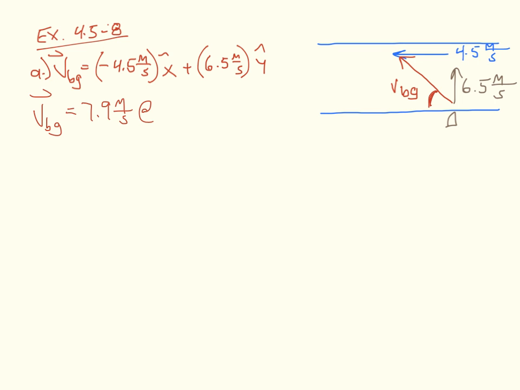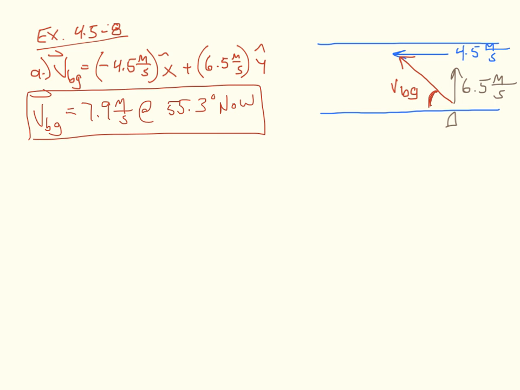Of course, we take the inverse tangent of the y over the x, so inverse tangent of 6.5 over 4.5. That's 55.3 degrees, north of west. That's easy, right? Because we were basically given the components of this resultant vector. We're given the x, we're given the y, and all we had to do is our little bit of math right there.